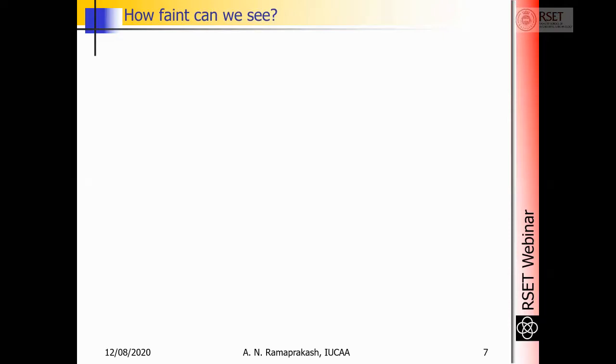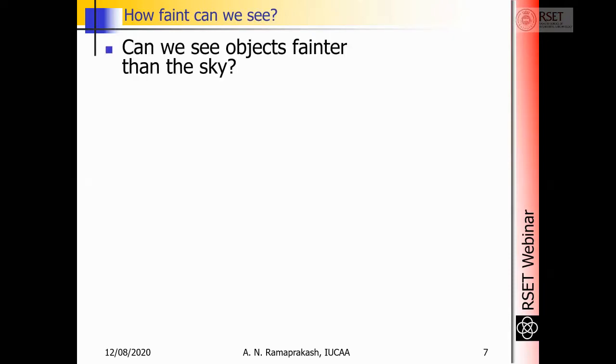Now, if you make telescopes bigger and bigger, how faint can you see? What is the faintest object you can see in the sky? That's a natural question you can ask. So if I go out today in daytime and look at the sky, we don't see any stars.